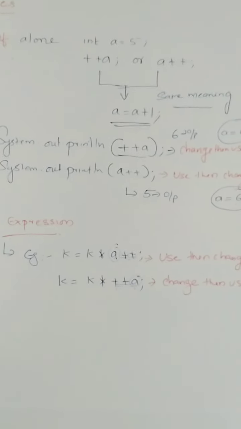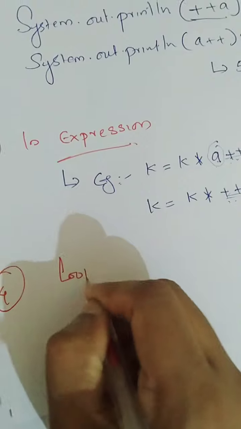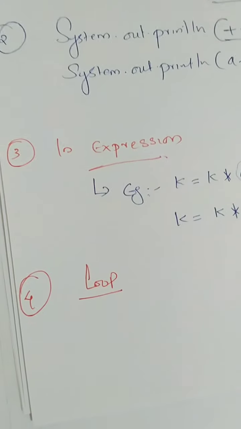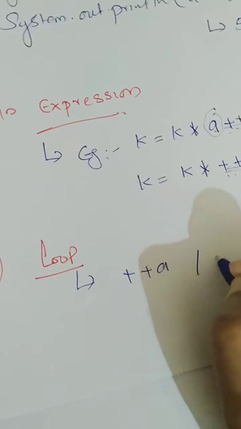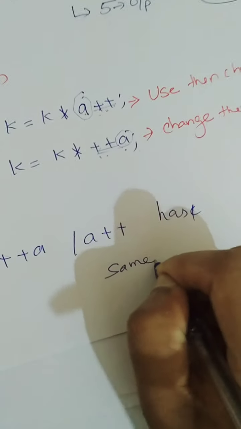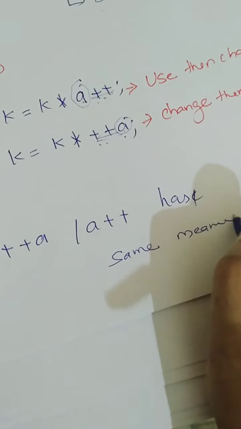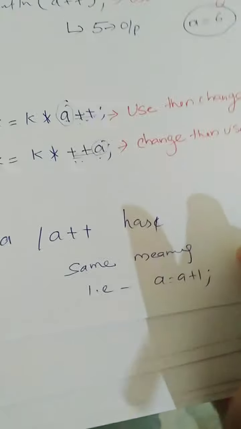Now the next point, loop. If it comes in a loop, you will learn later. Both ++a or a++ have the same meaning. If it comes in a loop, both mean a is equal to a plus 1.